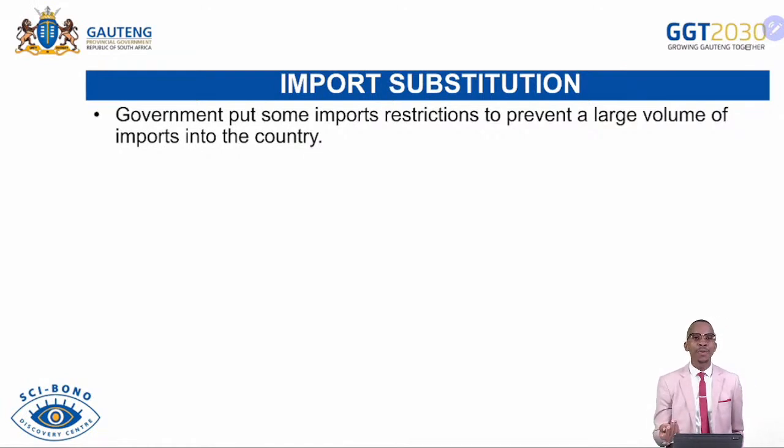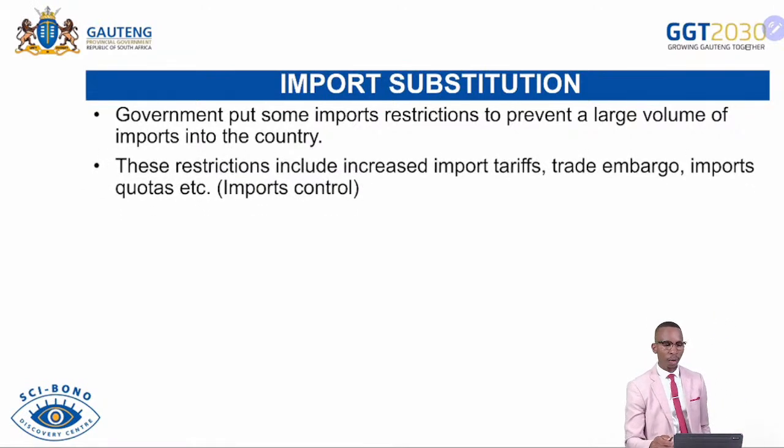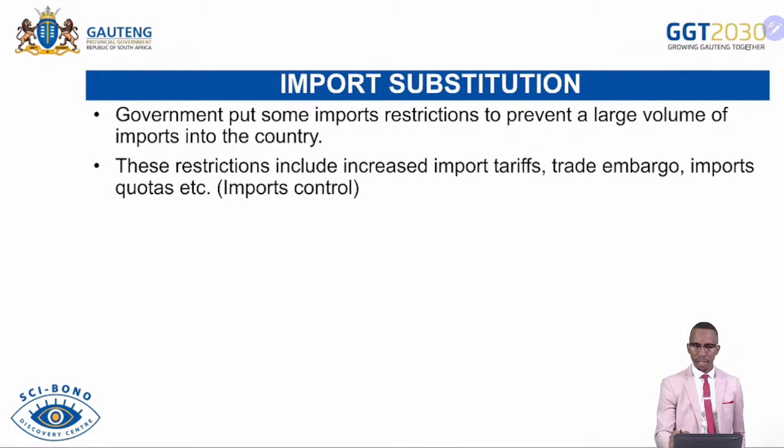At times, it will be voluntary, whereby the country will choose not to import a particular product and produce it locally. So these restrictions include increased import tariffs, trade embargo, and import quotas. The government in this case puts some restrictions in place to prevent imports from flowing into the country so that those goods can be produced locally.